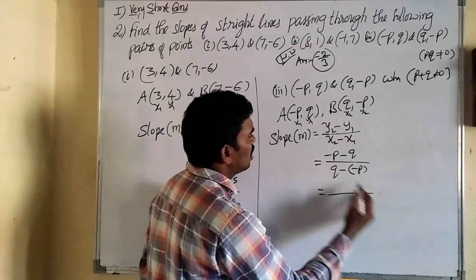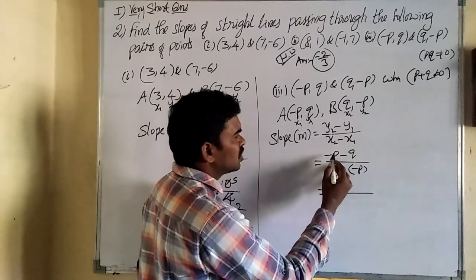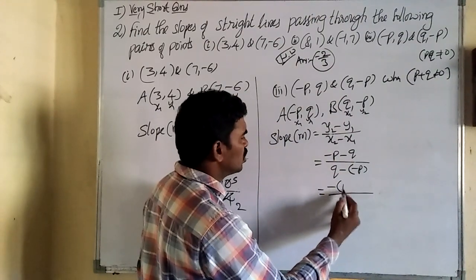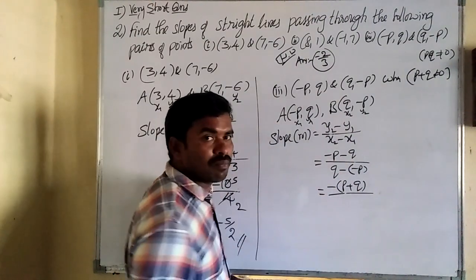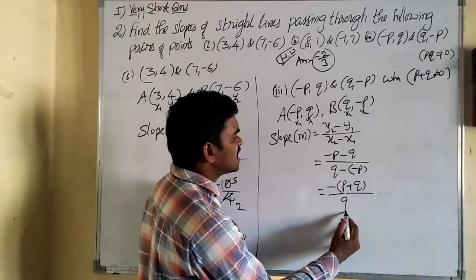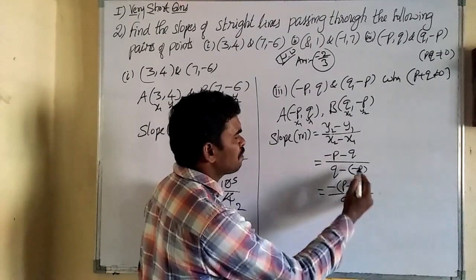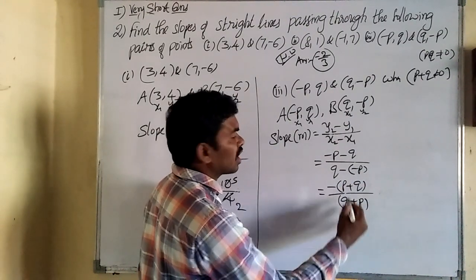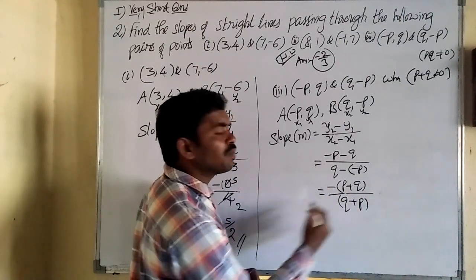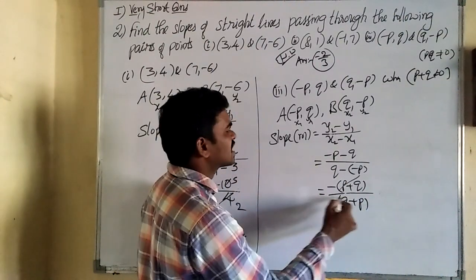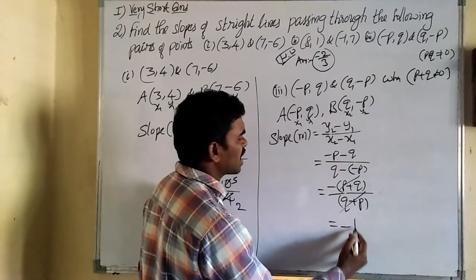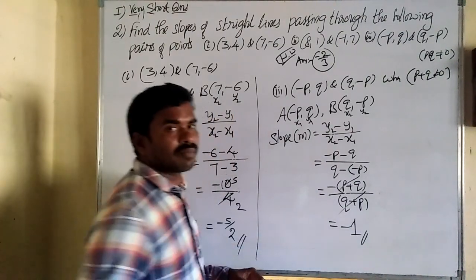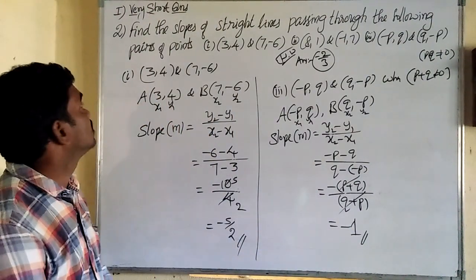So this equals (-p minus q) by (q plus p). In the numerator we can take minus common, so -(p plus q) by (q plus p). Are both the same or not? p plus q and q plus p are the same, so we can cancel both. What is remaining? Minus 1. So -1 is the answer.